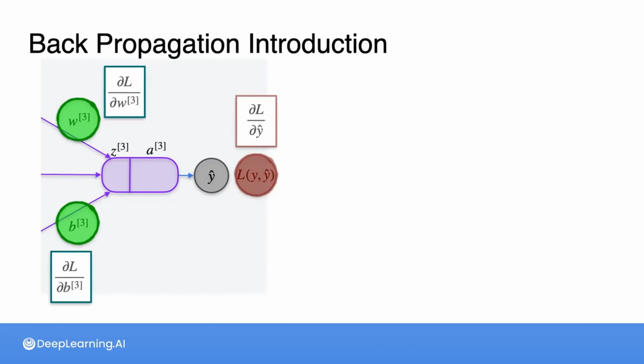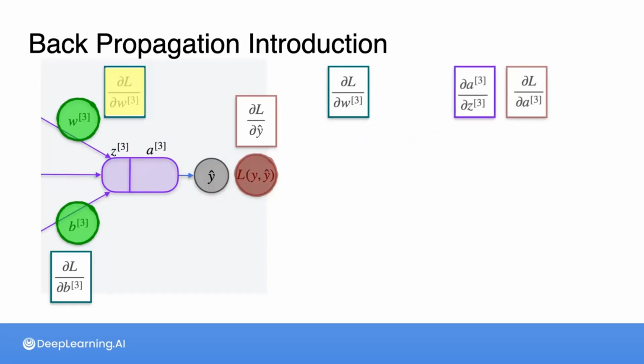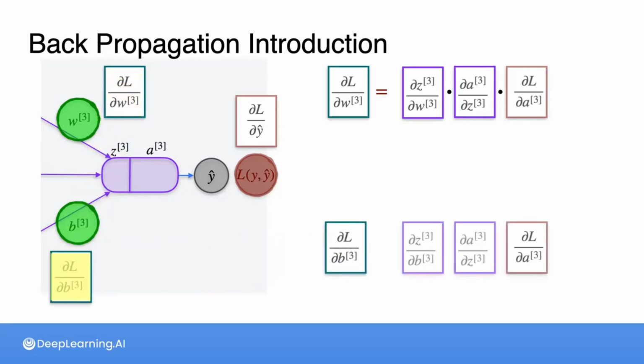And as usual, we need to build a chain because we need this derivative over here, ∂L/∂W superscript 3, and that's going to be obtained as the product of these 3, because that's the chain of variables that are in between W superscript 3 and L. So once we calculate these ones, we can do the exact same thing for the bias.